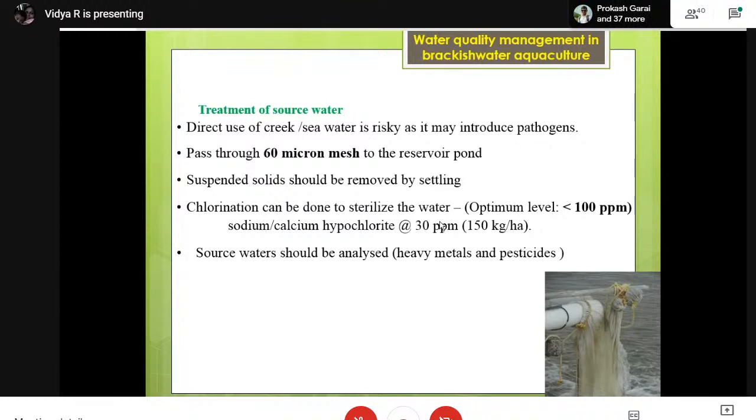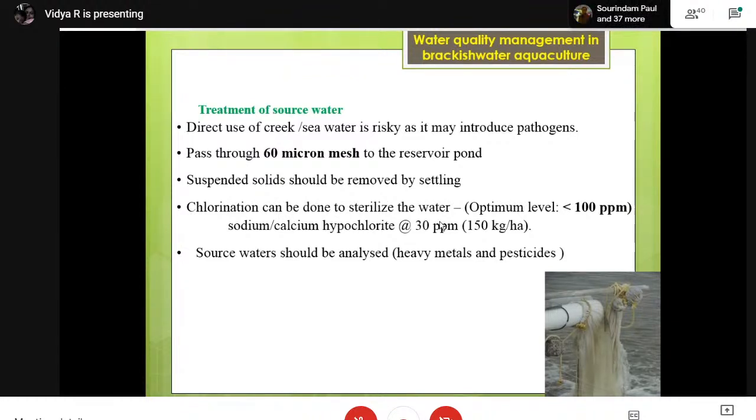Also, as I have said, the creek's water can contain heavy metals or pesticides, because it may be contaminated with agricultural effluents or sewage. All these things can come into the creeks because they are interconnected water bodies.